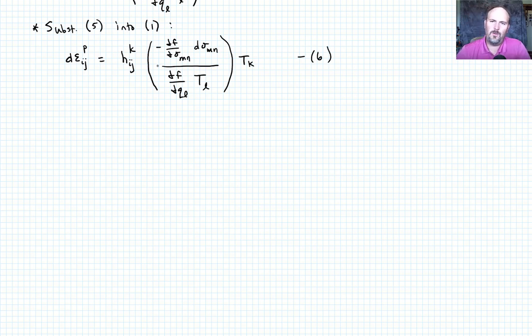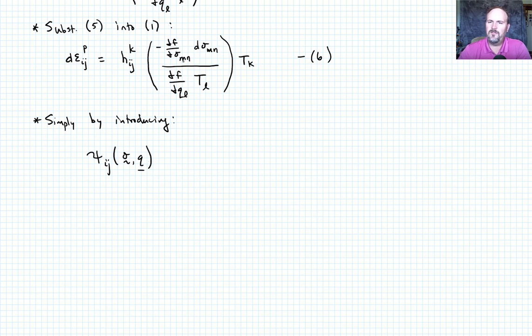Okay, so I want to simplify this a little bit. And I want to do that by introducing another quantity. Okay, and that quantity is going to be psi, and we'll call it psi ij, and say it's a function of sigma and q.